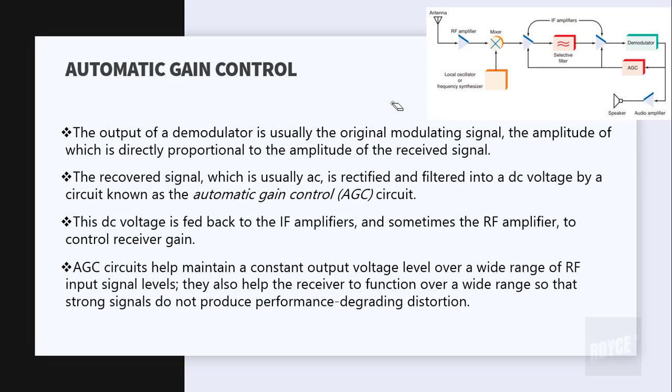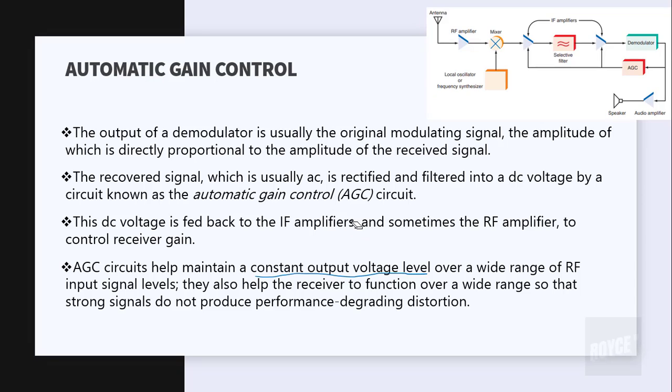Di ba yun yung ginagawa ng crystal diode detector natin? This DC voltage is being fed back to the IF amplifier to control yung gain natin. So yan yung nagko-control ng gain ng dalawang amplifiers na to. Bakit? This will help to maintain a constant output voltage level.